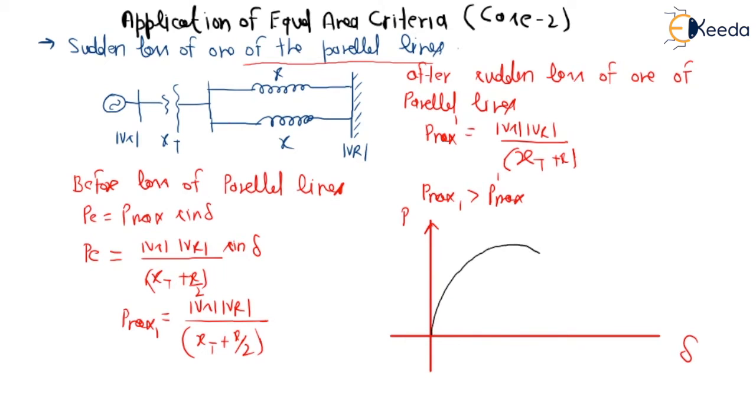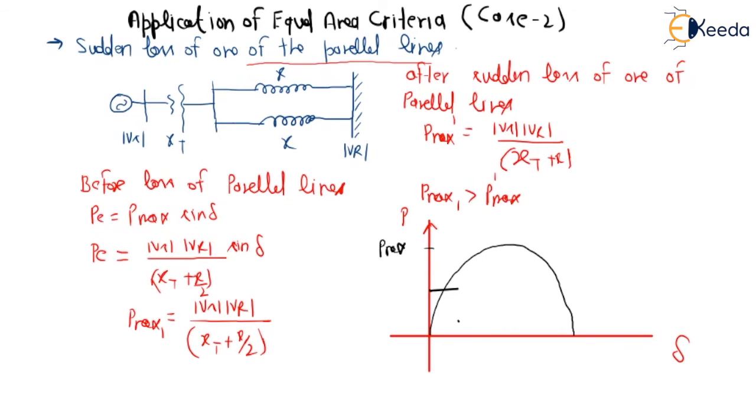Initially our generator was delivering this much power, that is Pm naught is equal to Pe naught. So it is operating at delta naught with two parallel transmission lines.